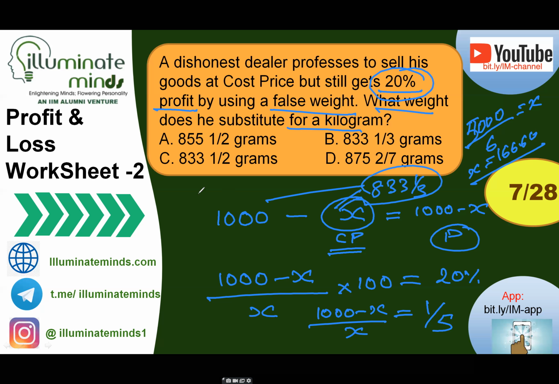The difference of these two is equal to 166 point something. So the correct answer is 833 1 by 3 grams. Is it okay, guys? I hope this is okay to each one of you. Right.